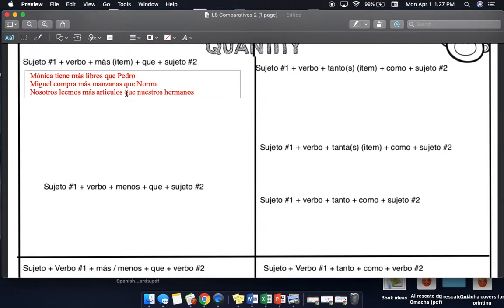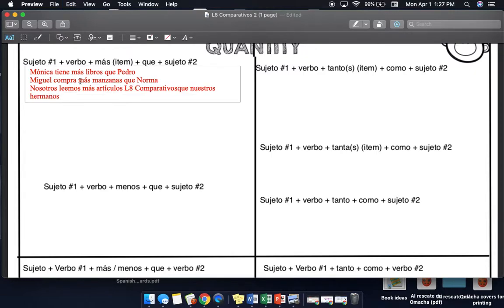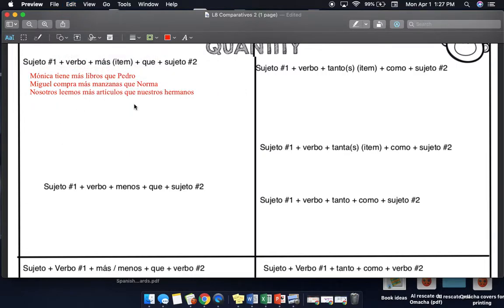And, let me undo this. Okay. And so here it's going to be the same down below, the inequality, but instead of more, it's going to be less.